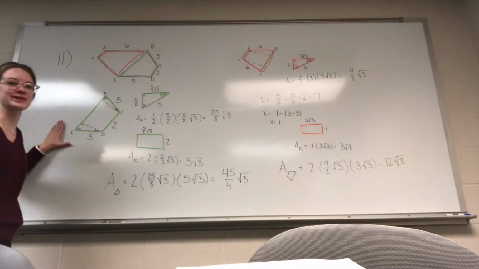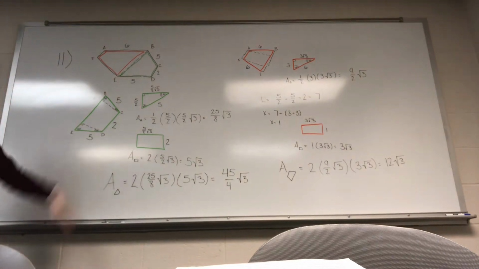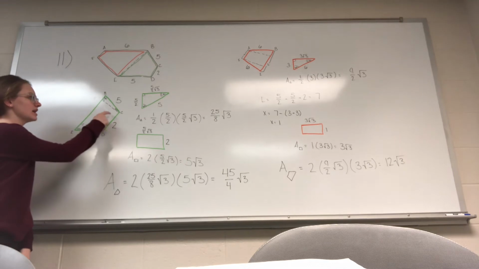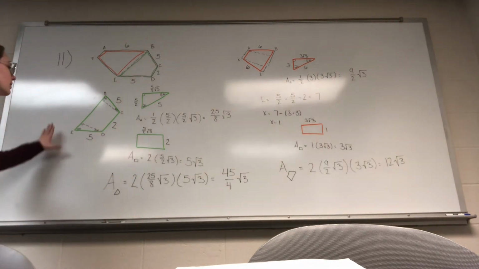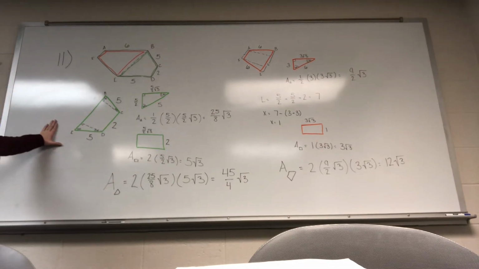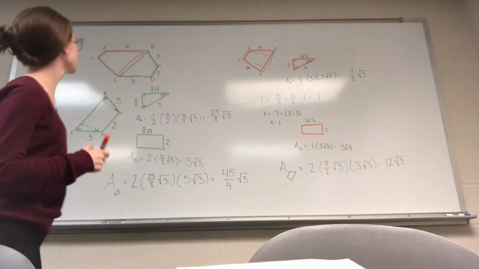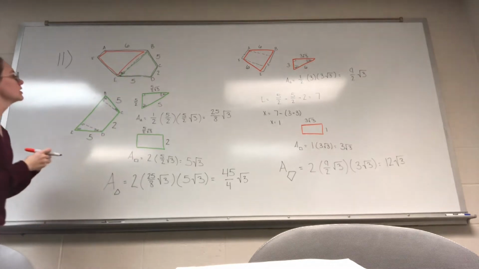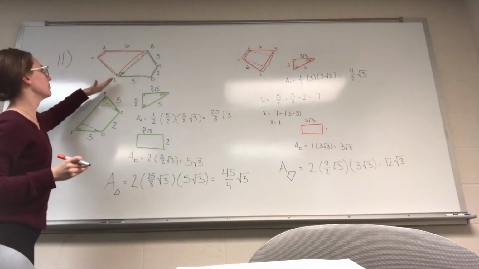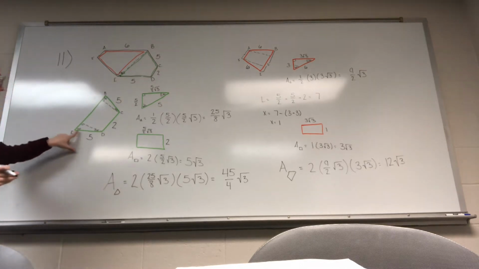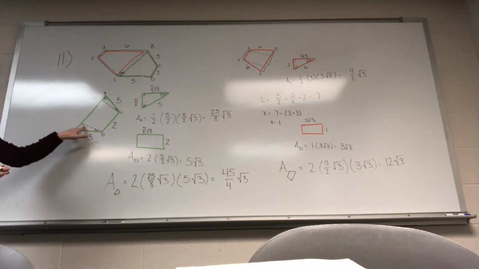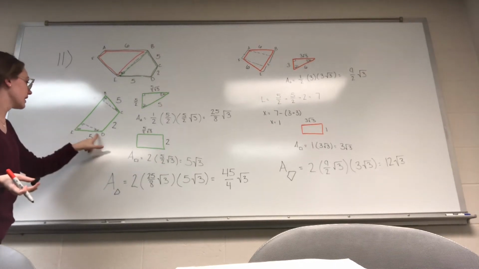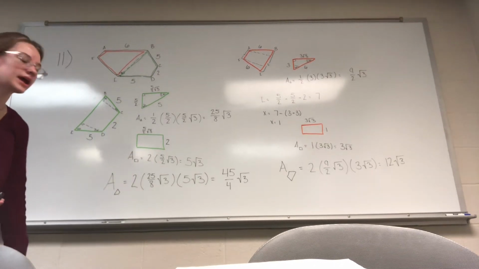I broke the green side off here, labeled all the parts again, and then you're going to split it into two triangles and one rectangle. Since the hexagon is equiangular, all angles are 120 degrees, so if we cut it down the middle, this angle here will be 60, and it's a right angle because you're cutting it there, so it'll be a 30, 60, 90 triangle.